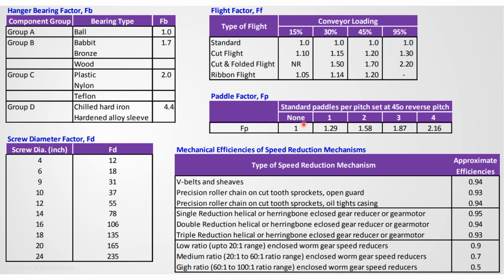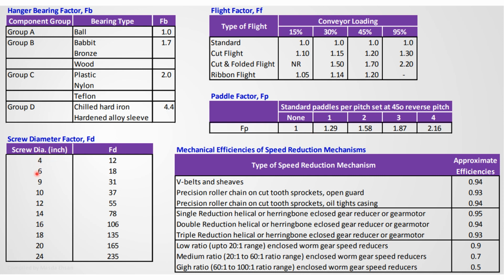Now, as earlier you have seen, hanger bearing factor FB. Depending upon the bearing you're using, your FB rating will be given here. And the flight factor: standard flight, cut and folded, ribbon flights, and tough loading, you can take FF from here. Paddle factor, normally we take as 1, as I said earlier.